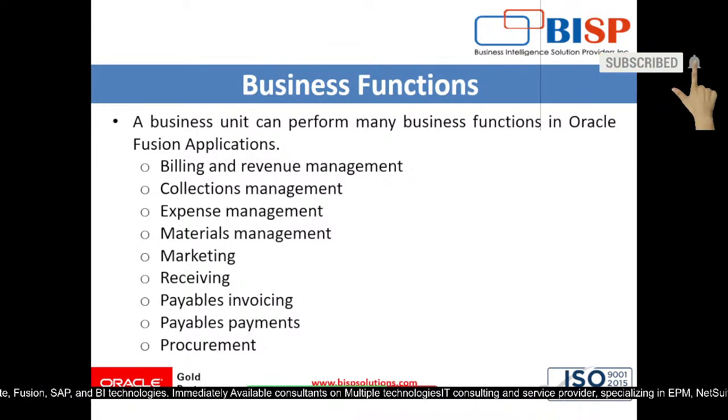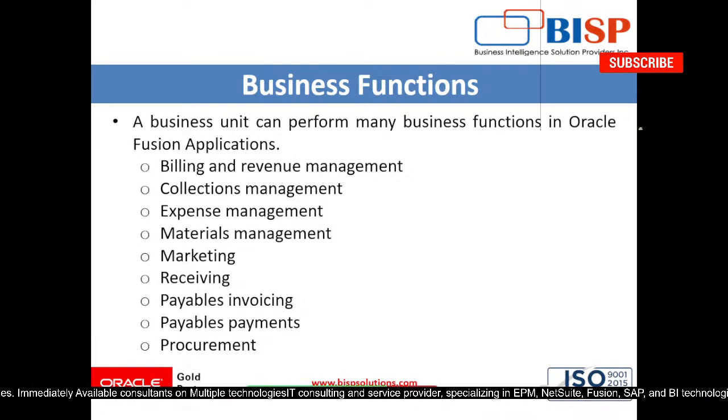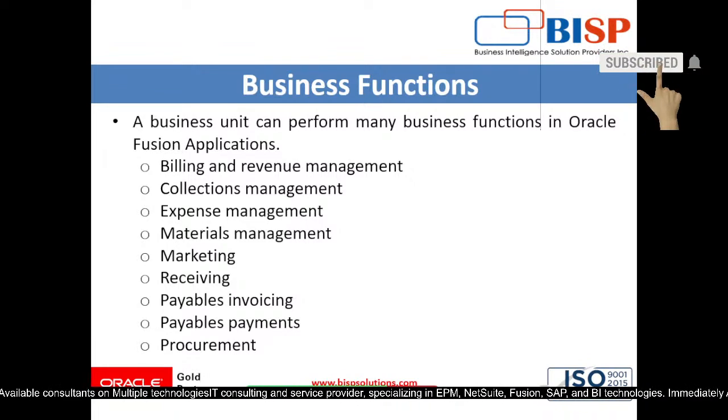These are all the business functions in our application, right? So a business function logically indicates the presence of a department in our business unit with the people performing the tasks associated with the business function.